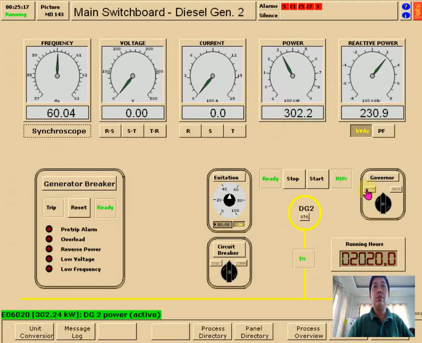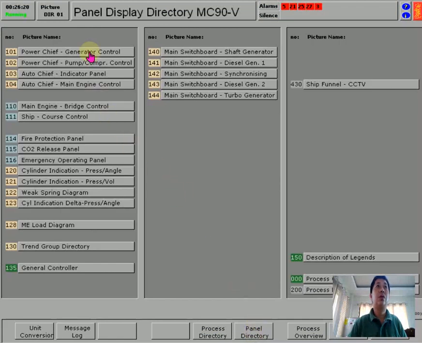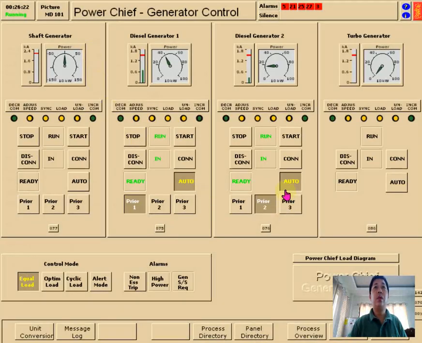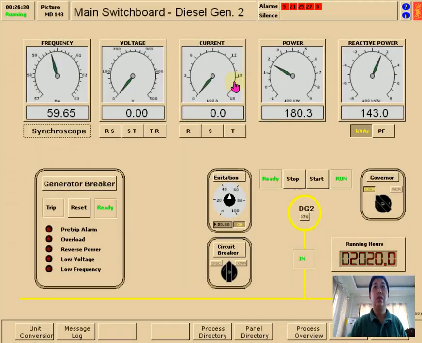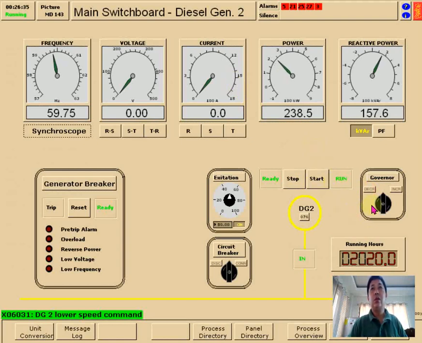I will reduce the load. It's not working now. I wait. I will not put in automatic. Now the command is going down, so I will reduce the load.